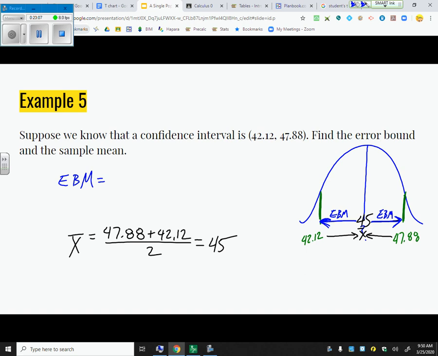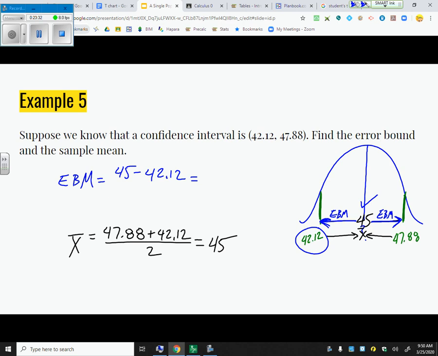It's just going to be the difference between where I was in the middle, 45, and where I ended. I can just choose a side, 42.12, and make sure it's positive, so absolute value if you need to. So I just do 45 minus 42.12. Oops, I did 212.